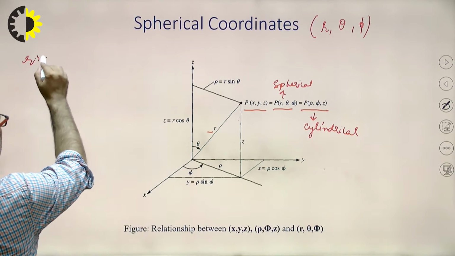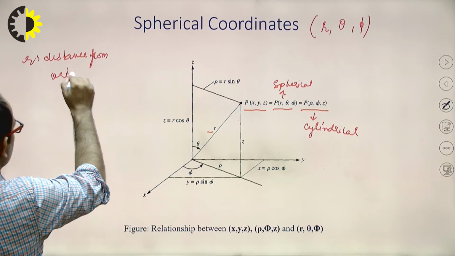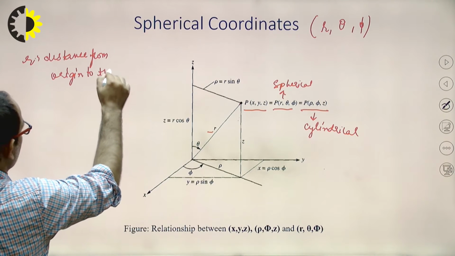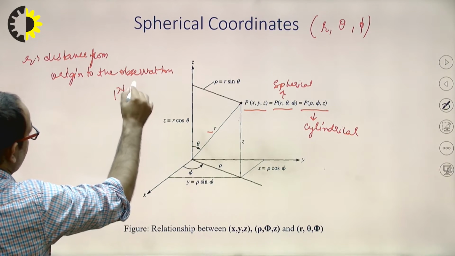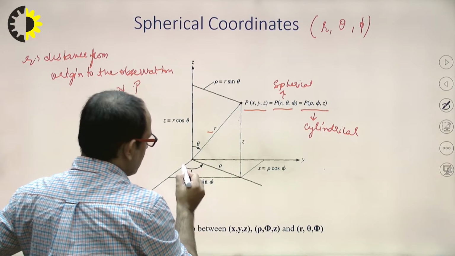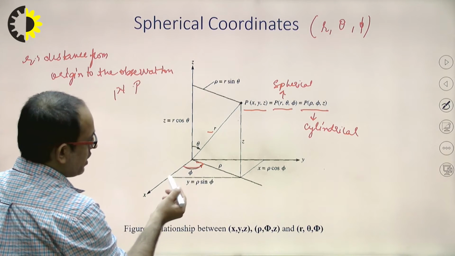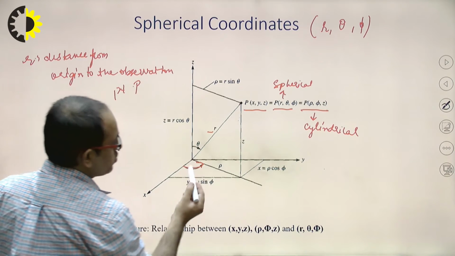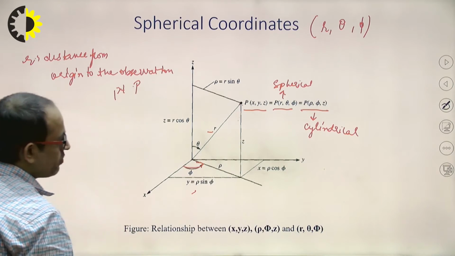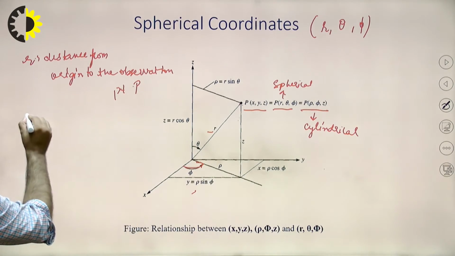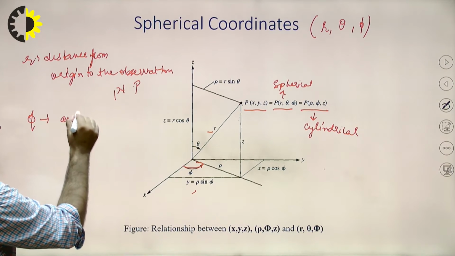R is the distance from the origin to the observation point P, and phi is the angle between the positive x-axis and the projection of point P on the xy plane, and this always goes in the anti-clockwise direction.